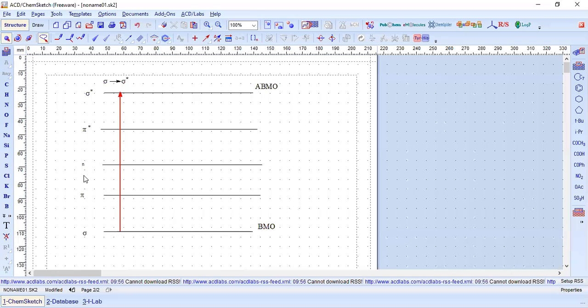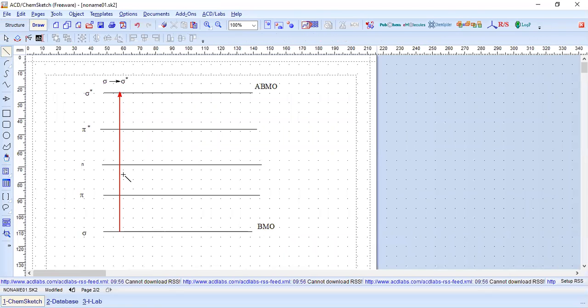Similarly, pi to pi star. Let us see the pi to pi star transition, where it will happen. All these things will happen in organic molecules. That's what we are discussing, a little bit of organic chemistry at this point.